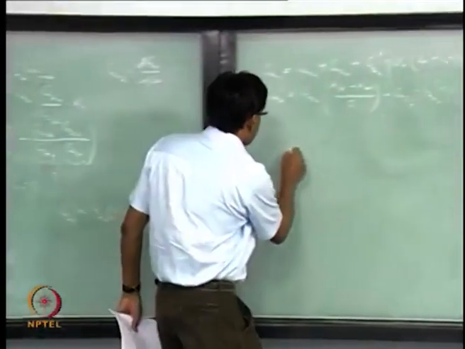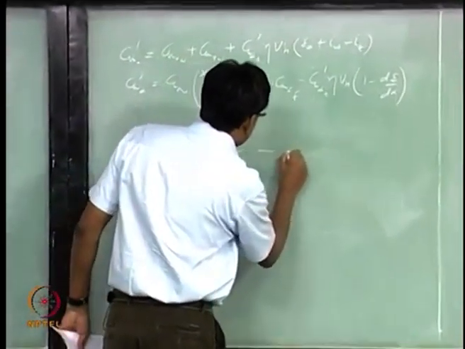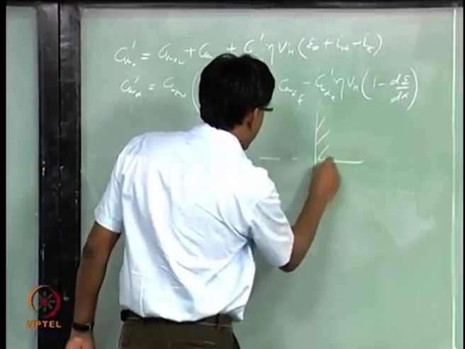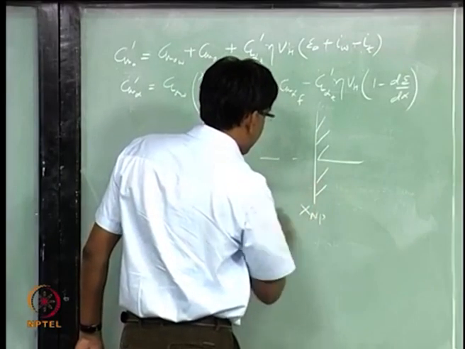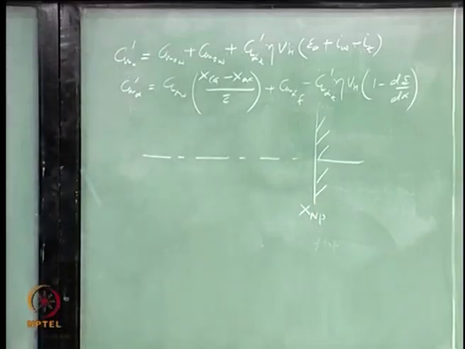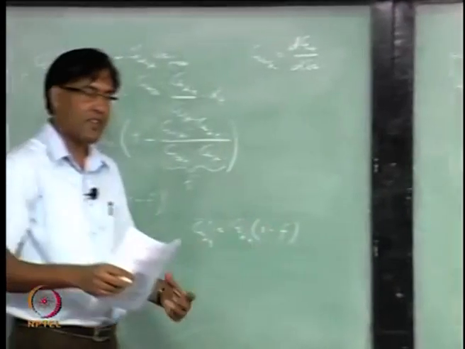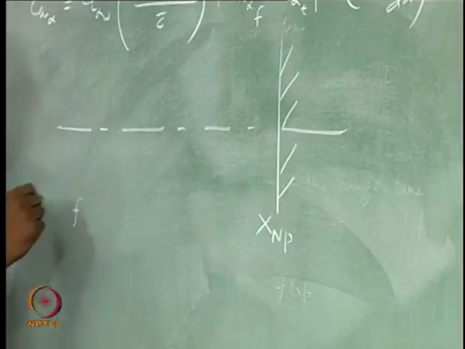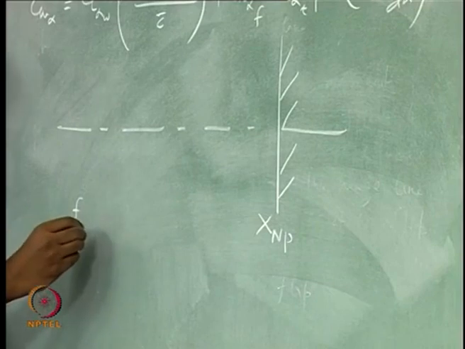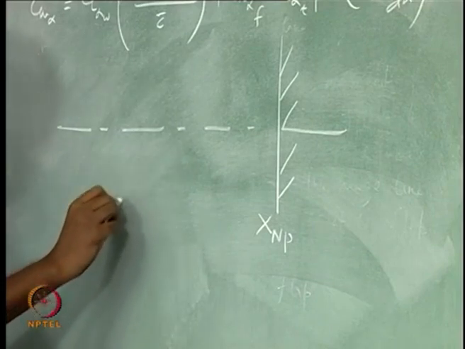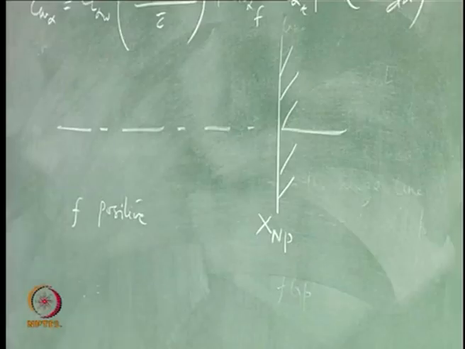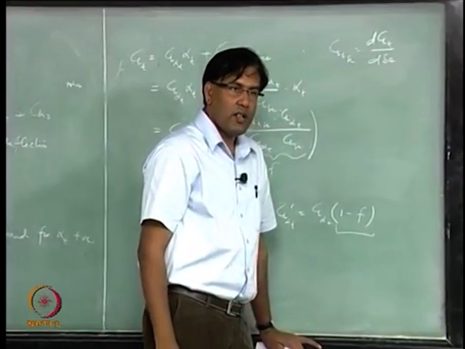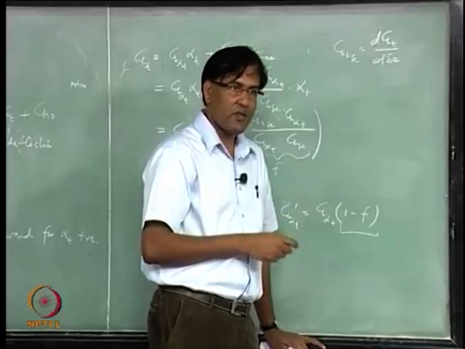So if I say this is my x np, the new x np is going to be depending upon what this f is, okay. If f is positive, then this 1 minus f is positive and lesser than 1, right.